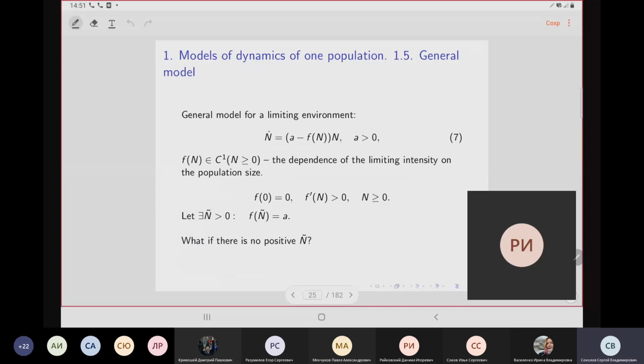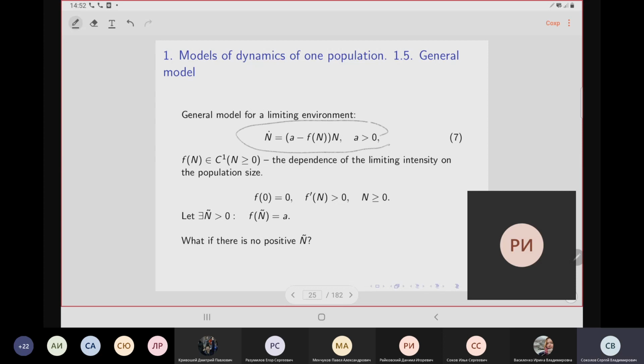Next one, a bit more general model with the limiting environment. Let us consider model 7.